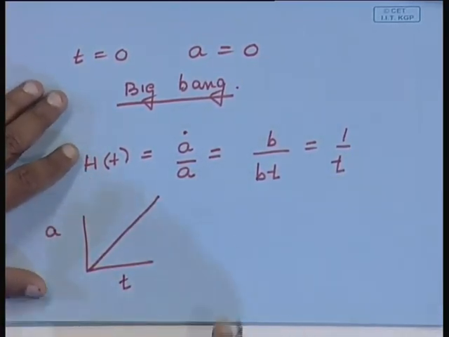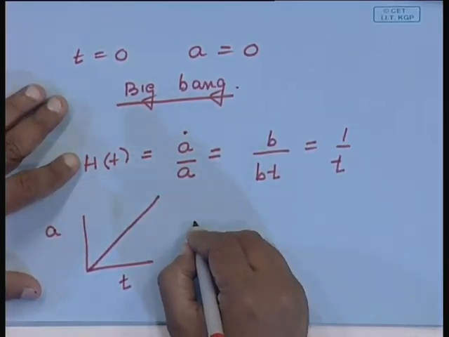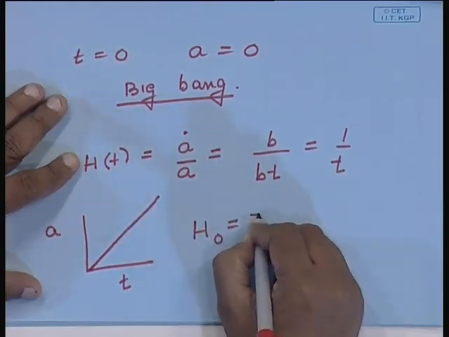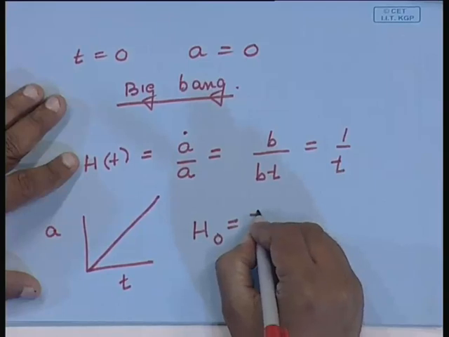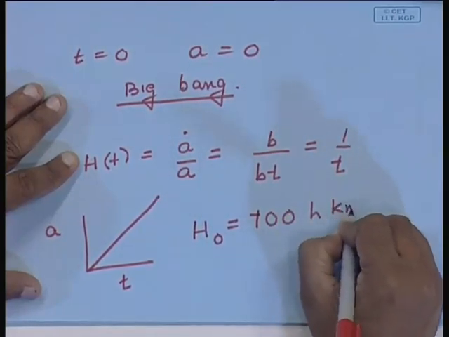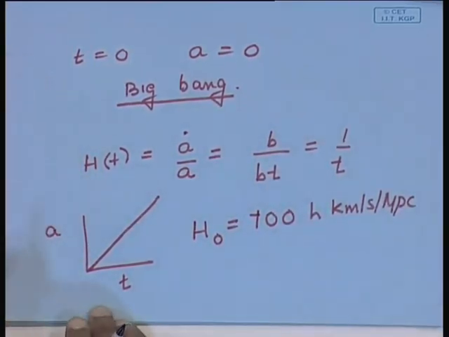I leave it to you to work out the age of the universe in this model, assuming that the Hubble parameter is 100 h kilometer per second per Mpc. You can straight away determine the age of the universe according to this model of free expansion. Please do this exercise and we shall resume our discussion from here in the next lecture.